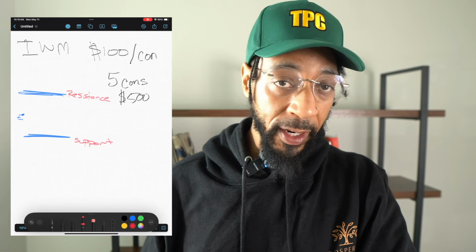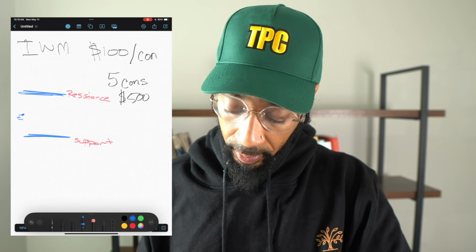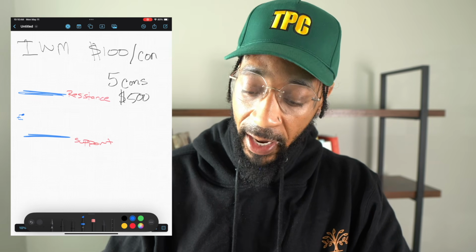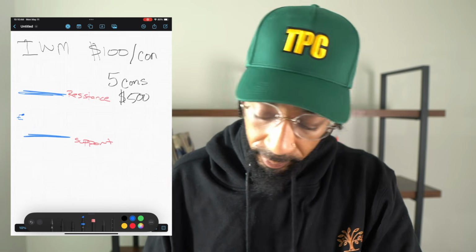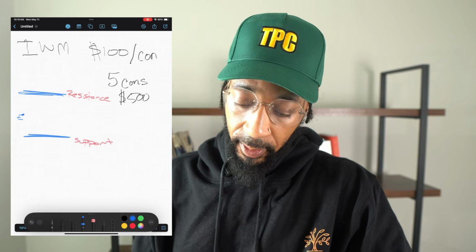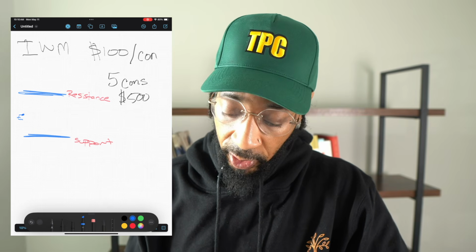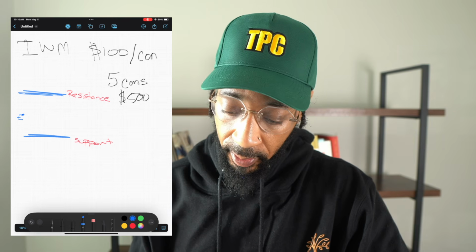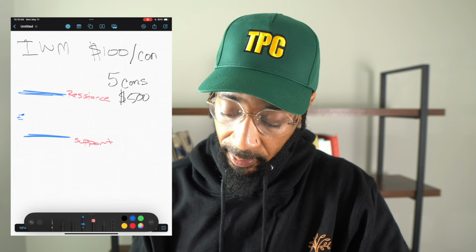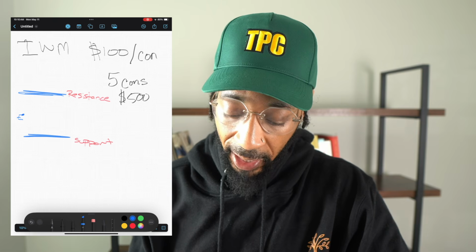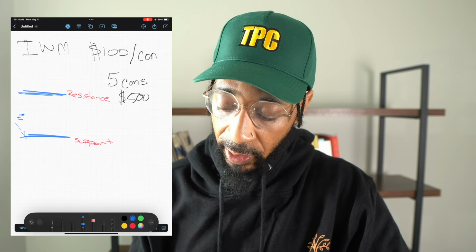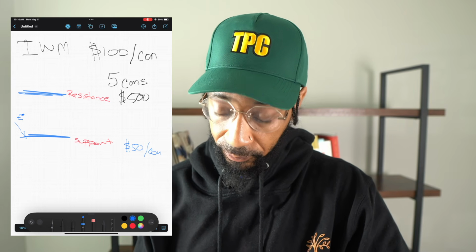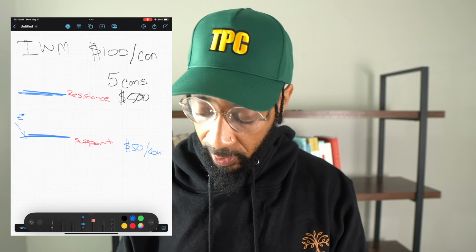Now you entered in right here where this E is at. All right. So you got, like I said, $100 per contract. Now, at support, let's say those contracts are now going to be worth $50 at support. So once the stock drops down here, now those contracts are worth $50 per contract. So you're down 50% right now.